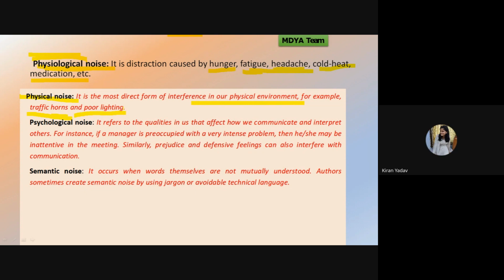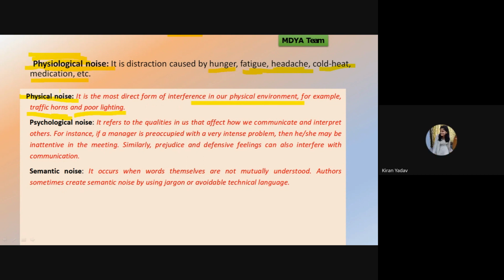I didn't understand what you say. Means the person is physically disabled to hear. That is not related to physical, I guess.